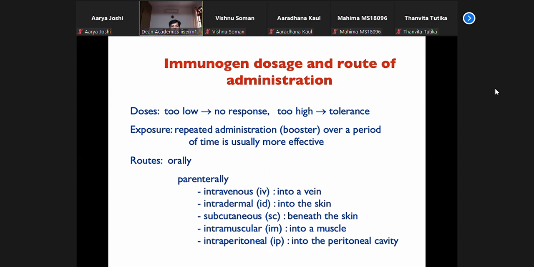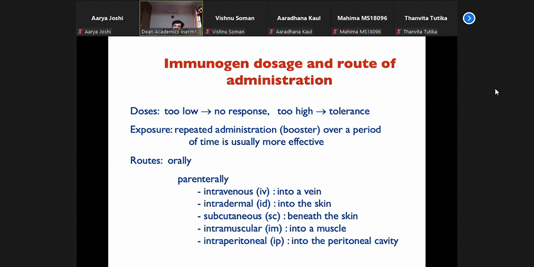The same is the case if you inject too high a dose of the antigen. This causes tolerance induction, called high dose tolerance. So there is low dose tolerance and high dose tolerance. You have to inject just the optimal dose if you want to generate a good immune response.